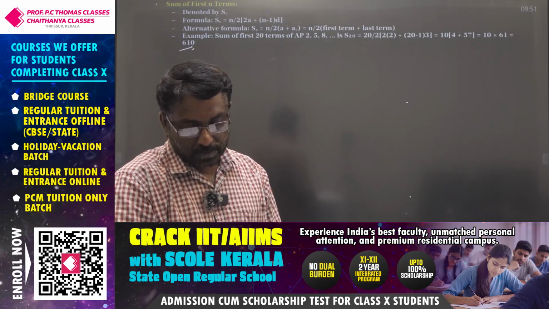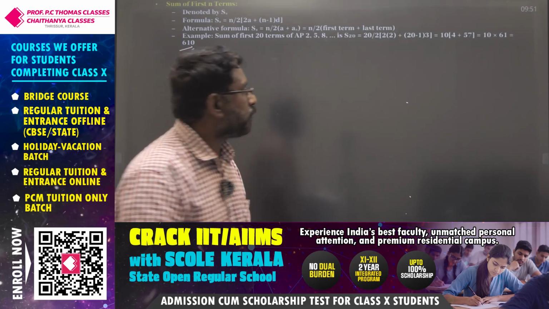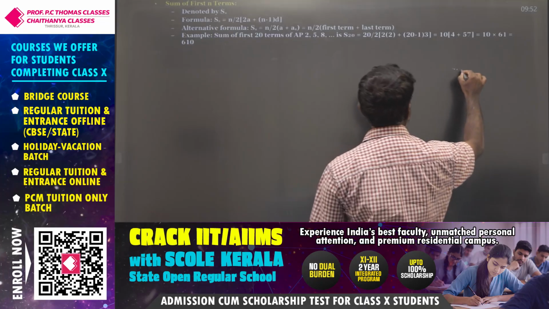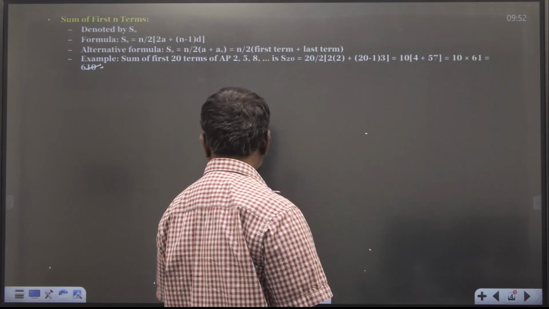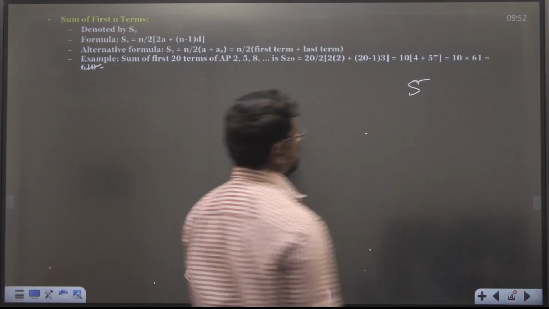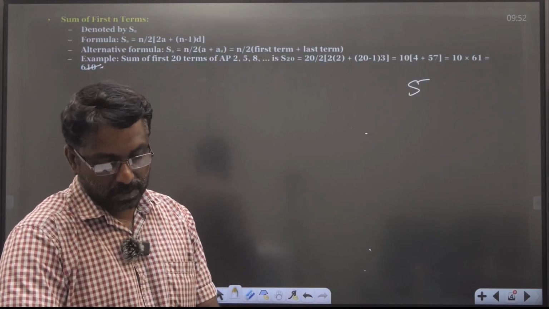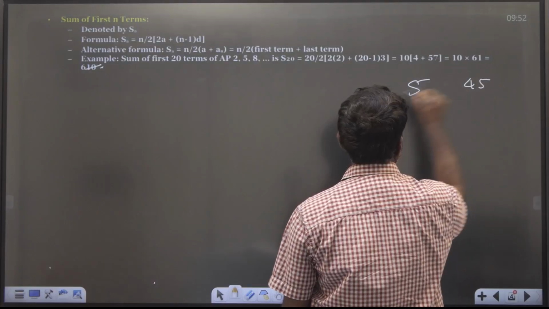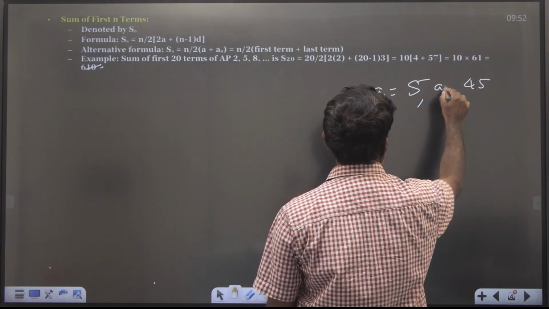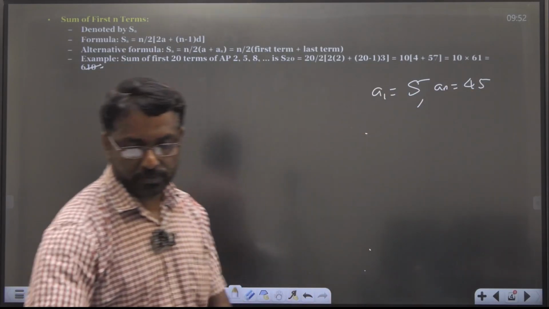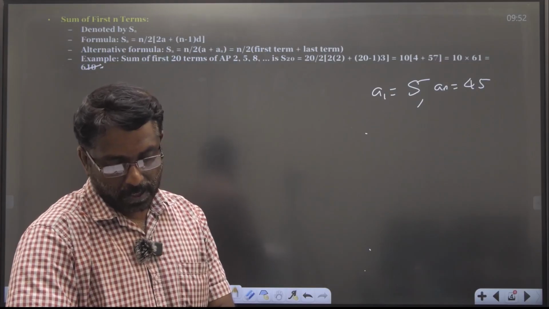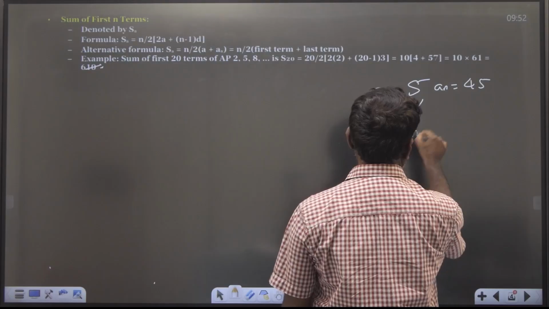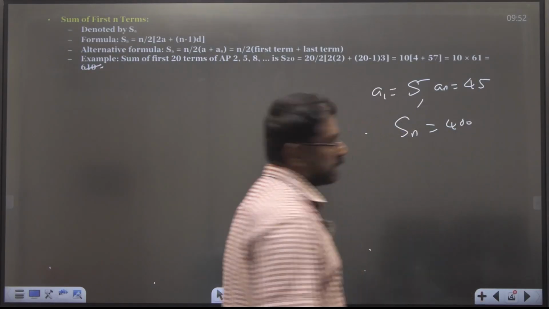The first term of an AP is 5. The last term is 45, and the sum Sn is given as 400.